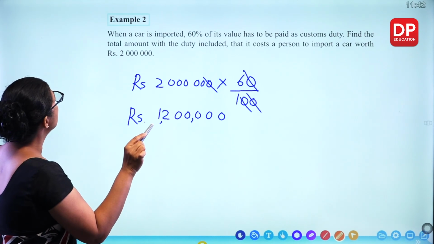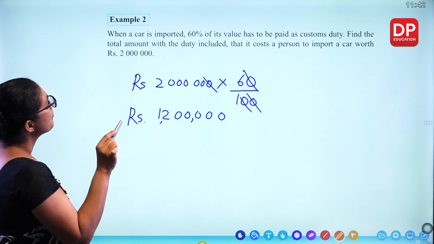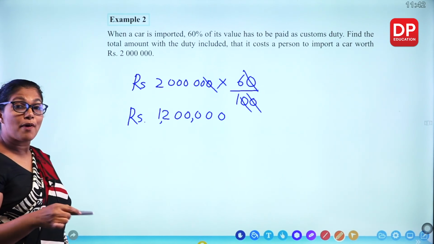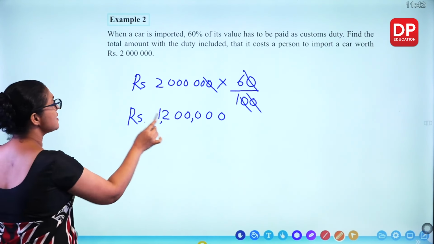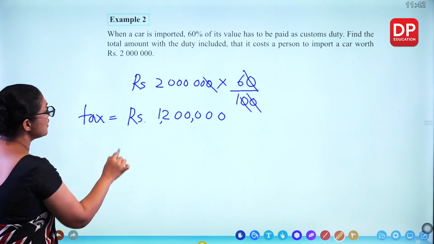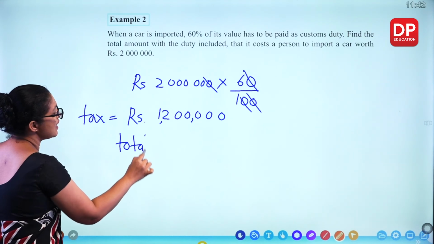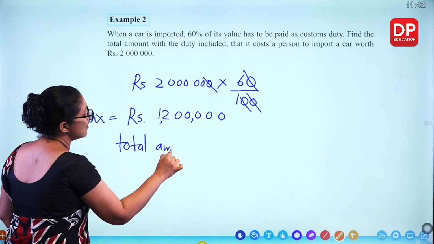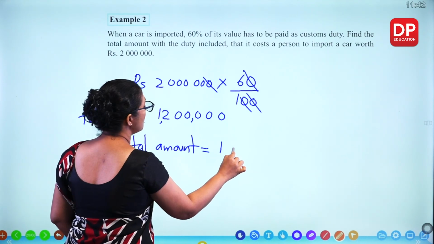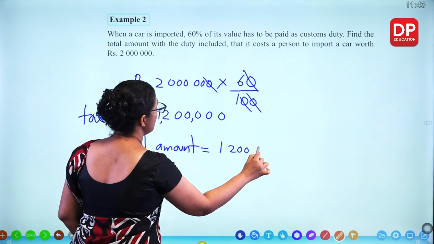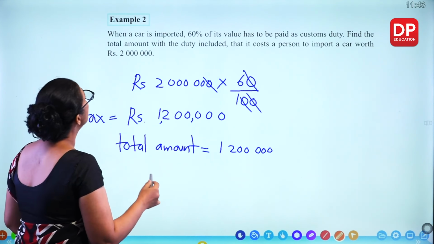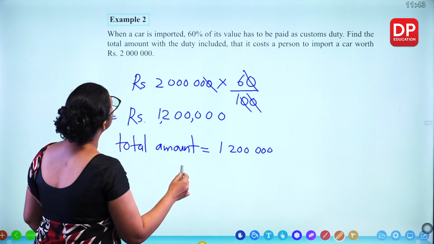And they are asking what's the total amount they have to pay. This is the tax amount. So the total amount you have to pay is the tax value, 1.2 million plus 2 million of that.